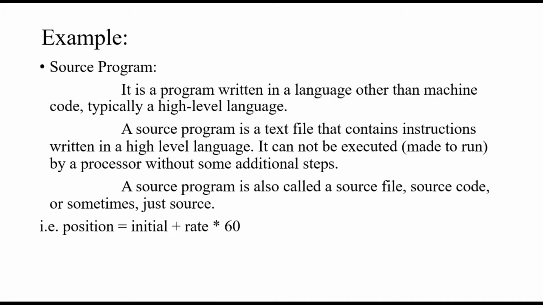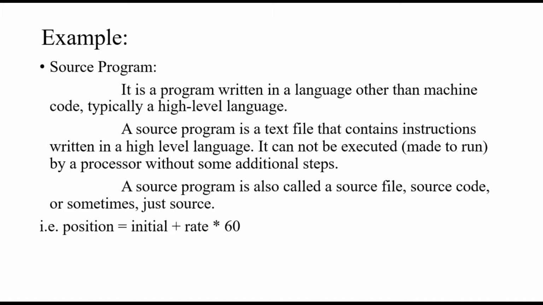Here I take one example: position = initial + rate * 60, or any other example like A = B + C * 8. So you can take any example.